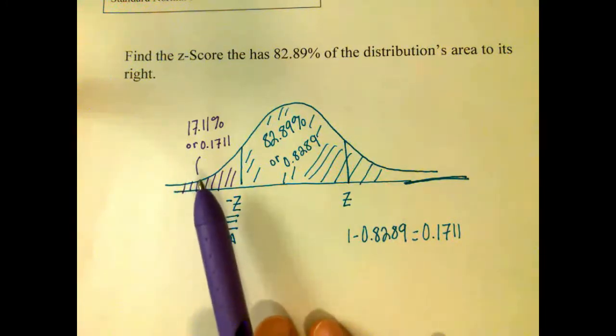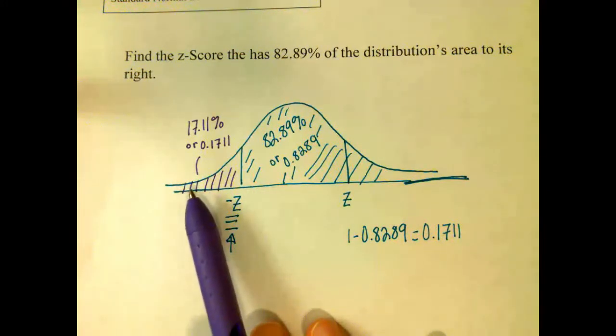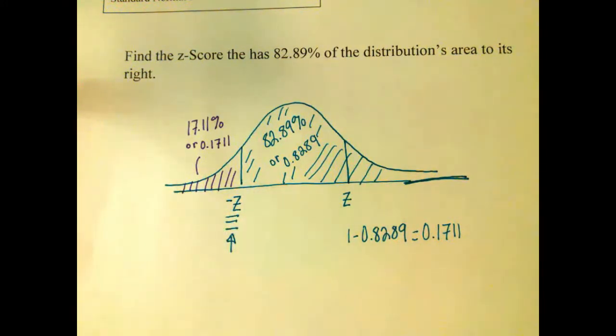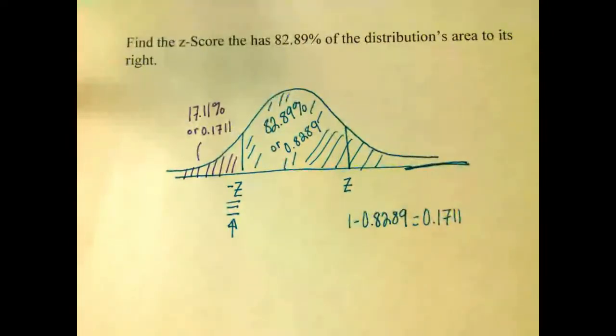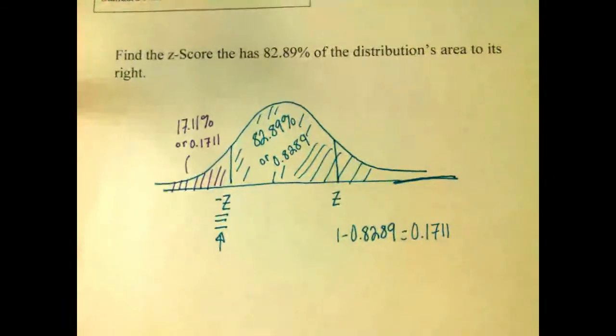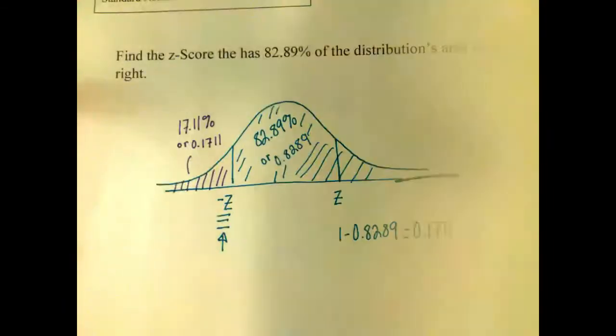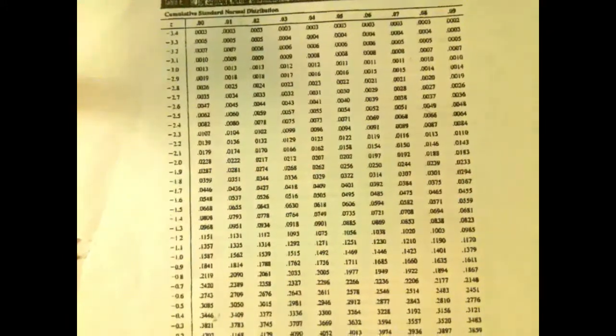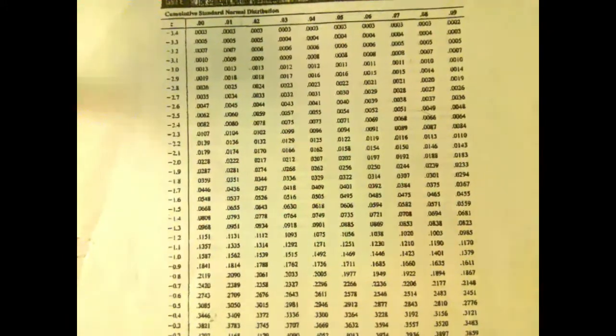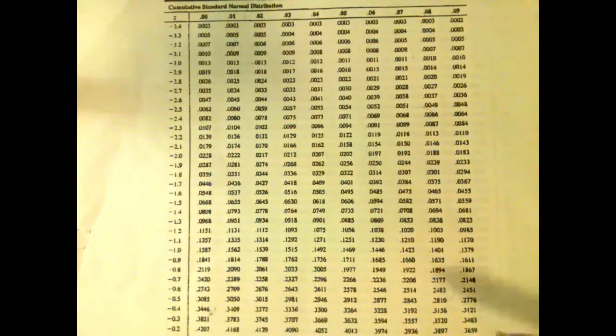And we know that the z-table uses the area below. Now we don't have a z-score, we are finding the z-score. So we are going to take our table and work not from the outside in, but from the inside out, because we have the area. We are trying to find the z-score that tells us the area below because that's how the z-table works.